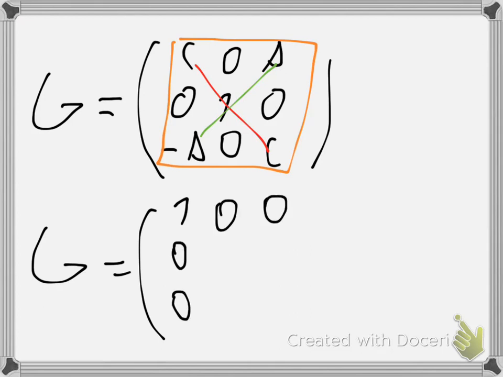Okay, and also the square that is formed by the two cosines, the sine and the negative sign. The negative sign will always be on the bottom left corner.